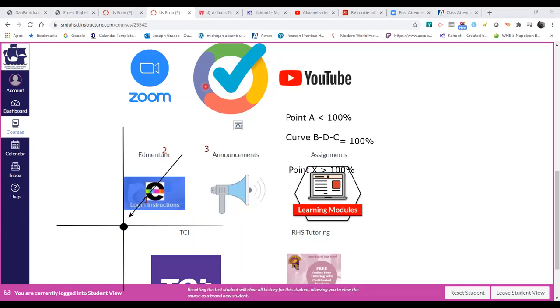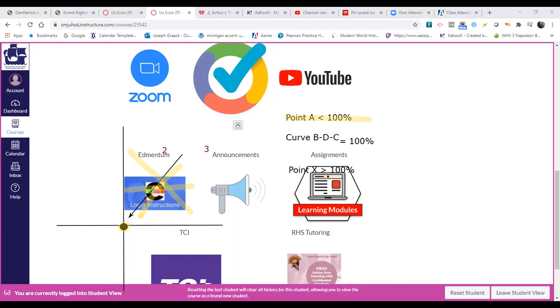Anywhere inside that curve, where it says point A, is closest to 0, 0. So we know that point A has got to be less than 100%.